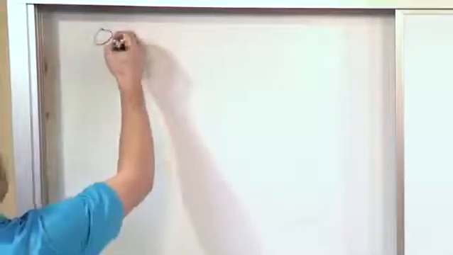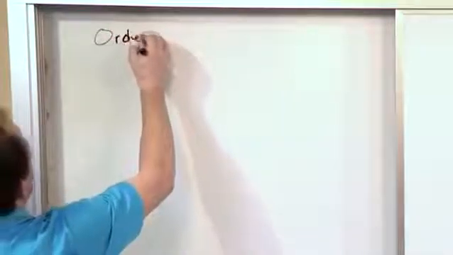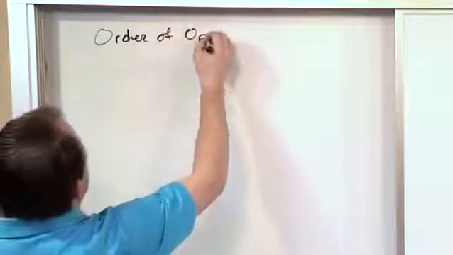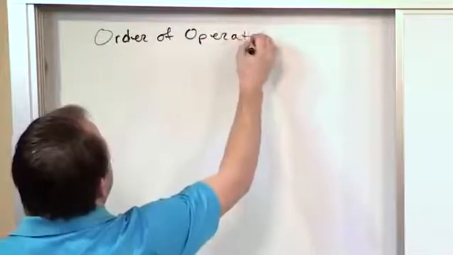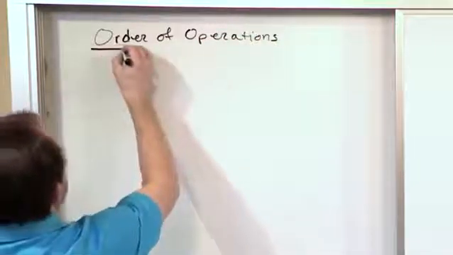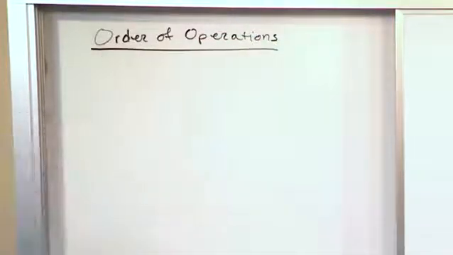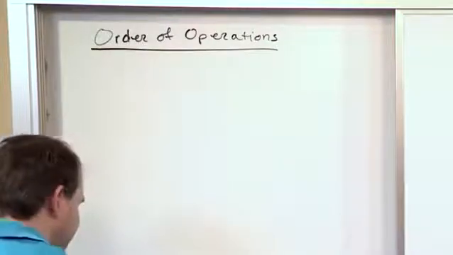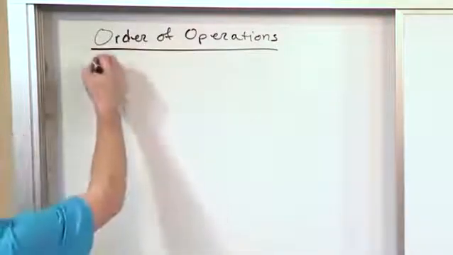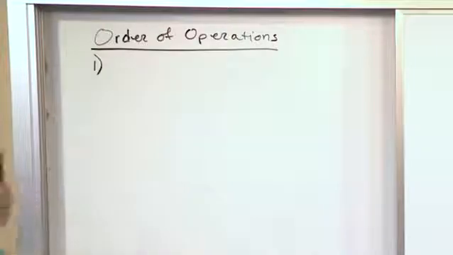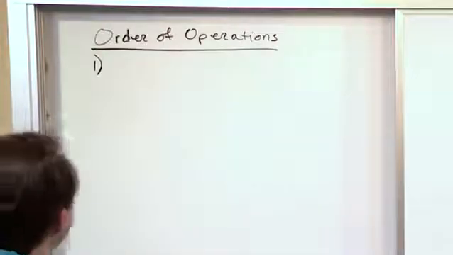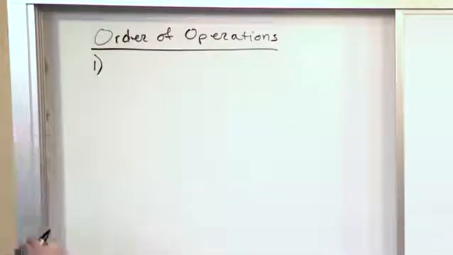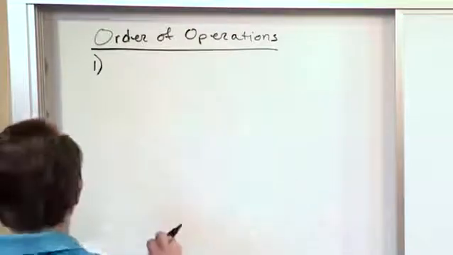So this whole concept is called the order of operations. And basically, as I said before, it just tells you how you should solve your problems, what order you should solve your problems. So, the number one thing you do when you're solving a problem that involves adding, subtracting, multiplying, dividing, is we have the concept of parentheses in math.